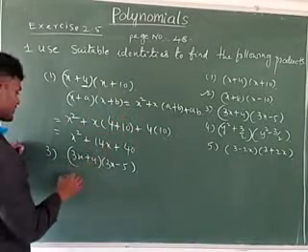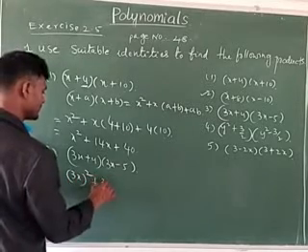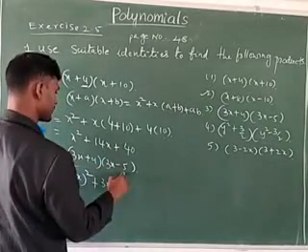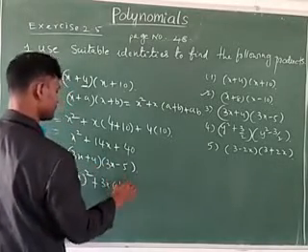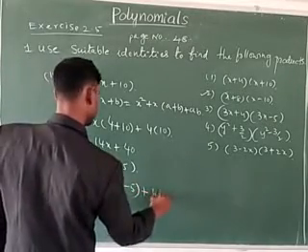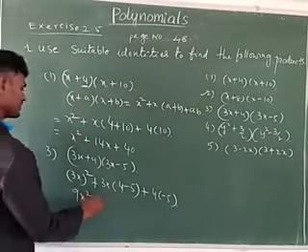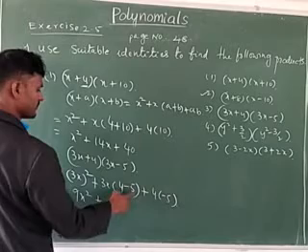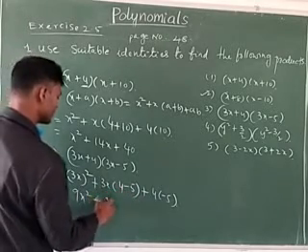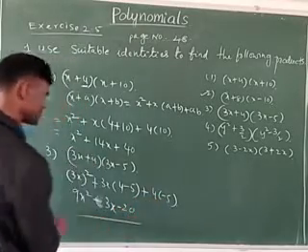Here x square means (3x) whole square, plus 3x into (a plus b), that is 4 plus minus 5, which is minus 5, plus ab, that is 4 into minus 5. Now this is 3 square, 9x square, plus 4 minus 5 is minus 1, into 3x, minus 3x. Now minus 5 into 4 is minus 20. This is the answer, no doubt.